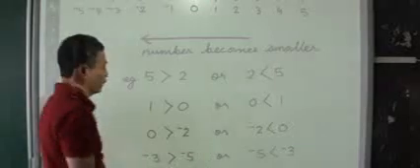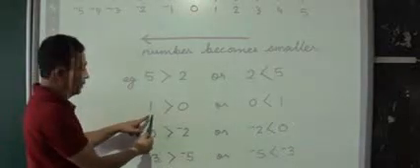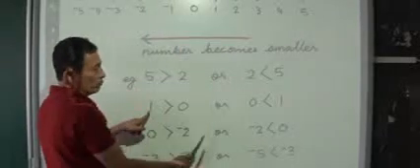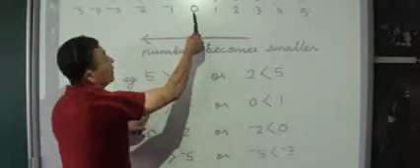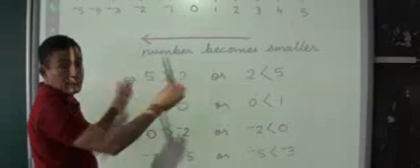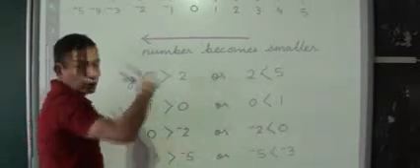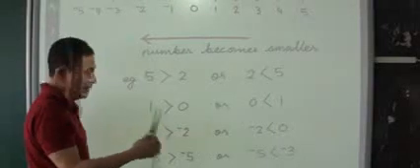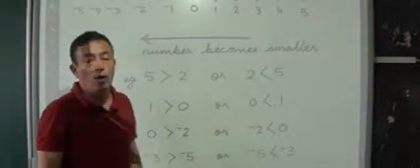So that's a simple way of doing it. Similarly, if you look at another example, 1 is more than 0 and 0 is less than 1. So it depends on which side. If it is on the right hand side, automatically it's a bigger number. If it is on the left hand side, it's automatically a smaller number.